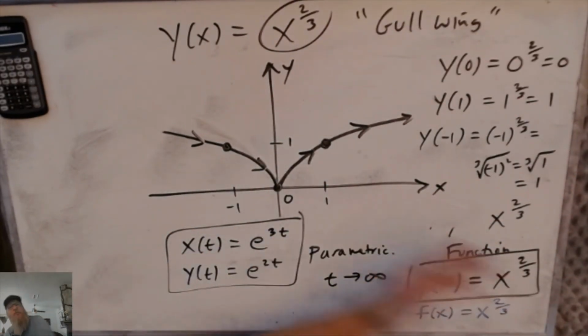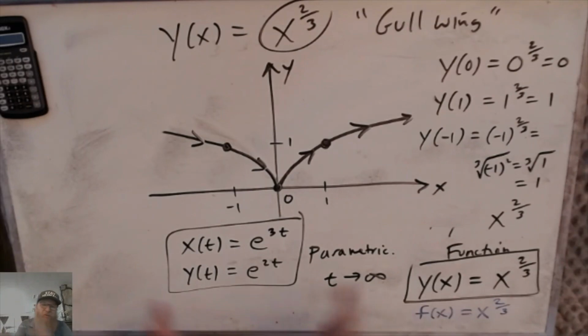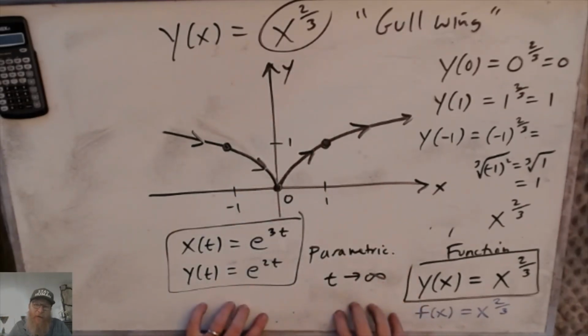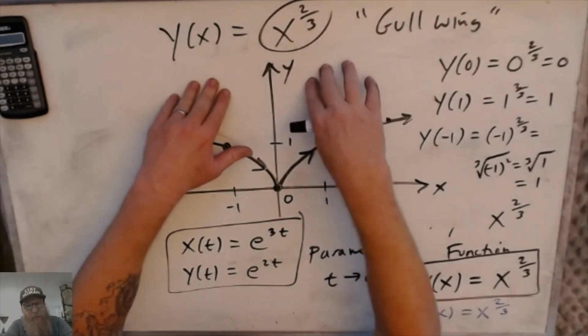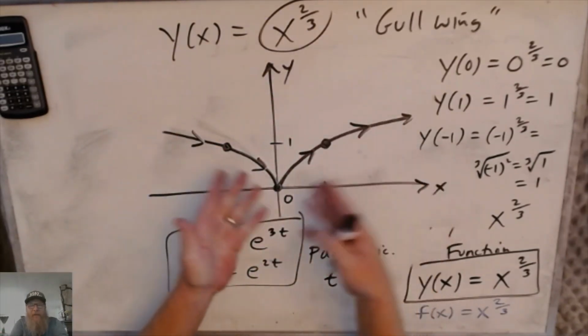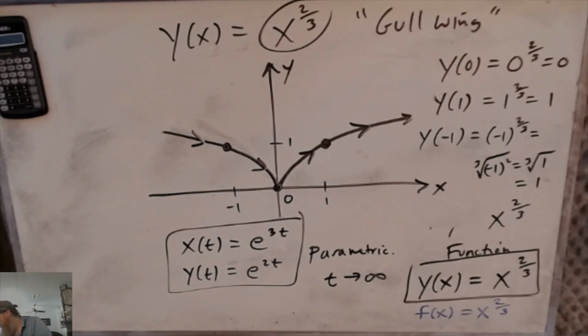A parametric equation can't go two different directions. It depends on t. So that's the main difference between a parameterized equation and a Cartesian equation. Notice that they look quite different from each other, but they both have the same basic shape.